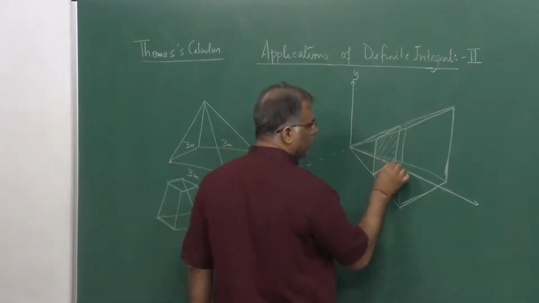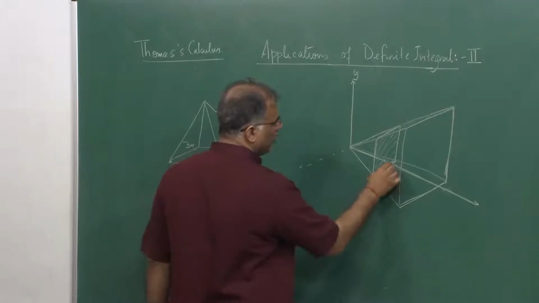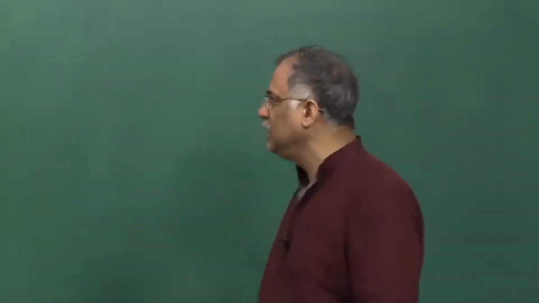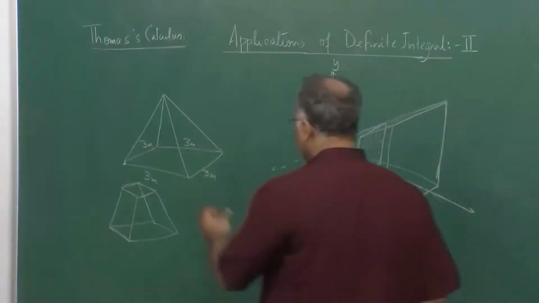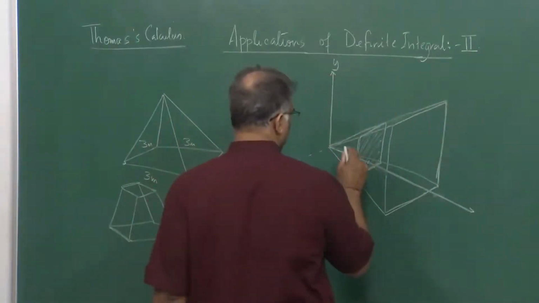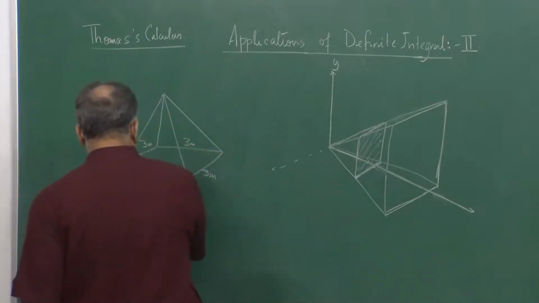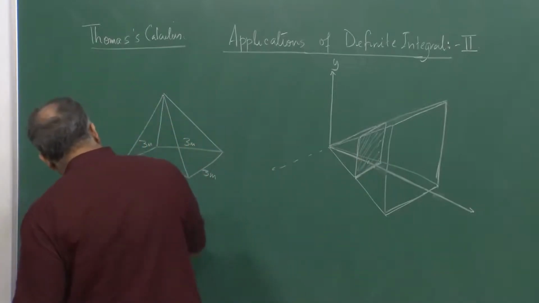These are at the point x, say it is a square of length x, and the pyramids are done in such a way that if you chop out some x amount, this will be of length x.